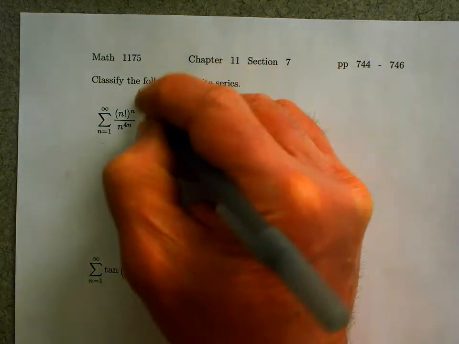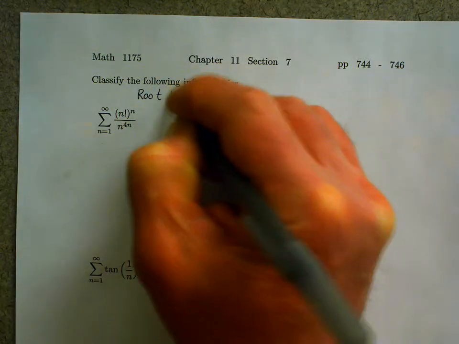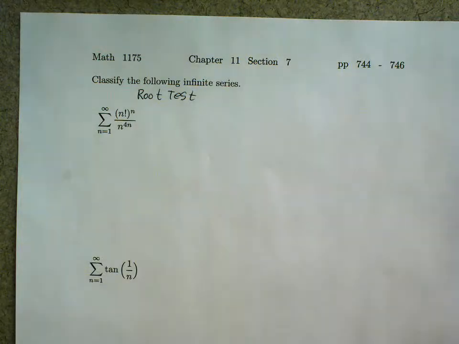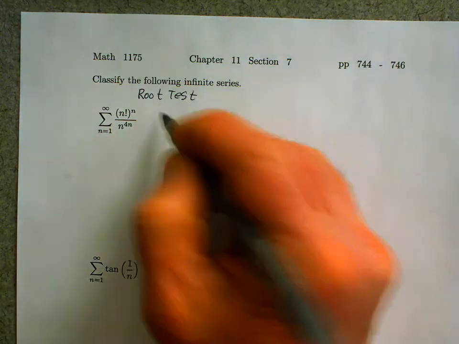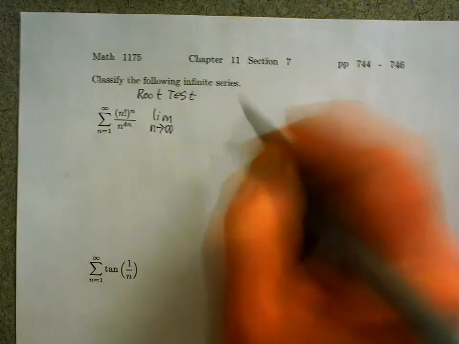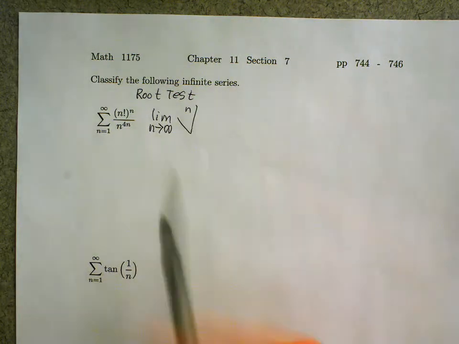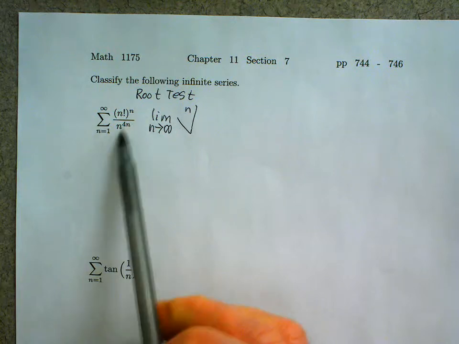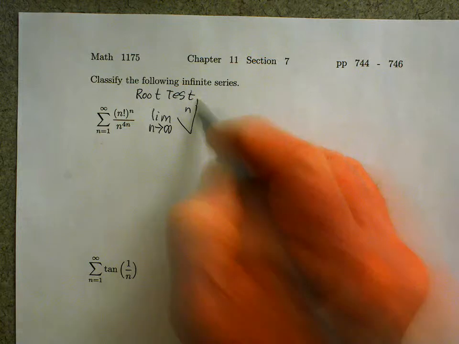So the root test looks like that might get us somewhere. So the limit as n approaches infinity of the nth root. Since everything is positive, I'll omit the absolute value symbols.